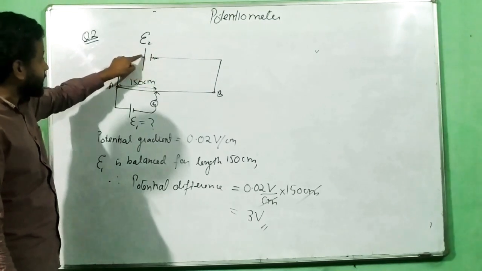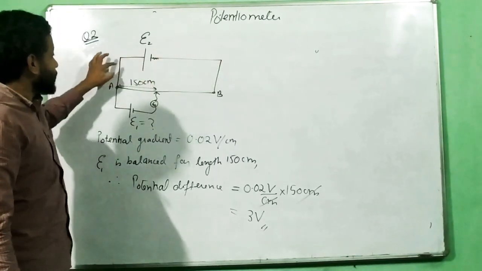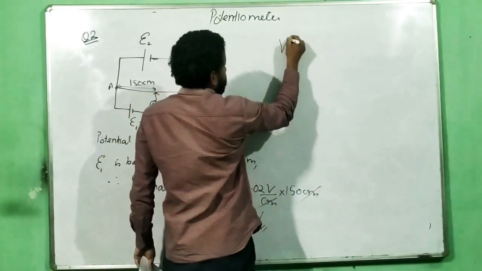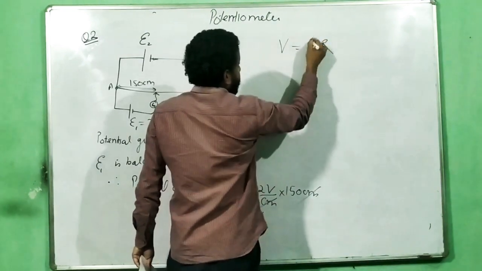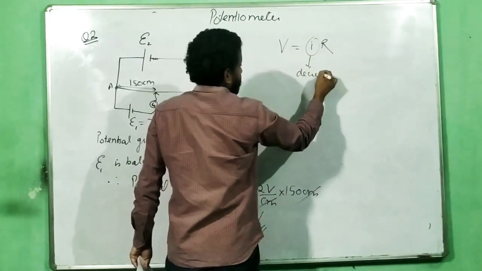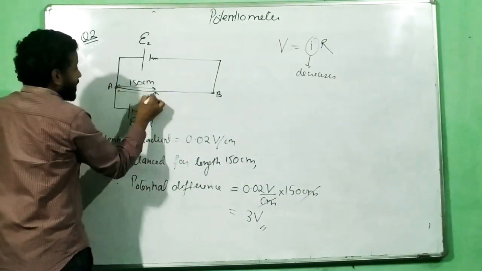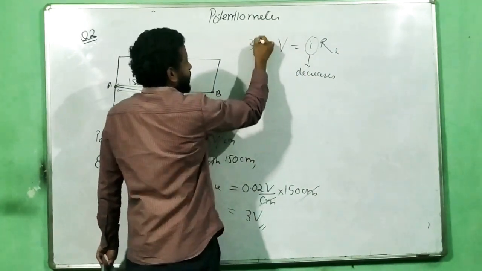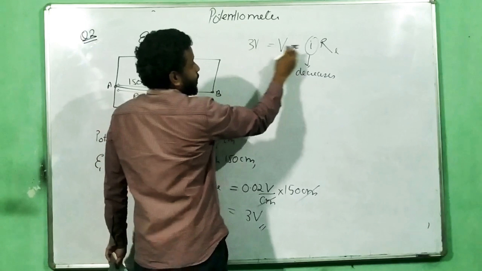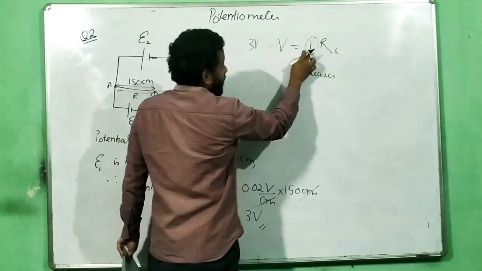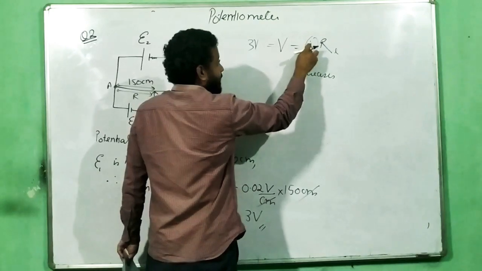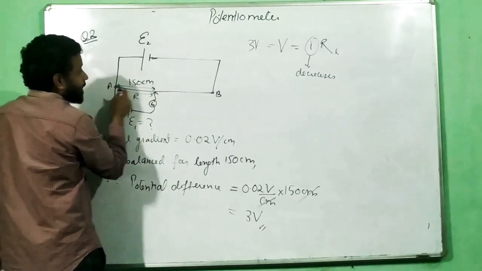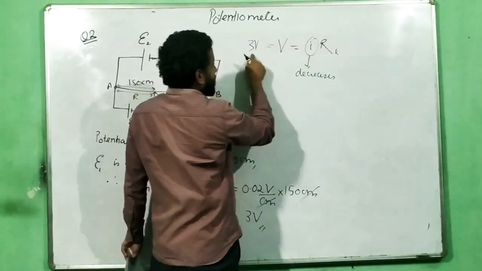So suppose I have a potential V equals I times R, where R is the resistance of any given length. If I want to balance 3 volt, for a given current and a given resistance, I can balance. But what if my current decreases? I have to put this jockey over a larger length, so my length increases, my resistance increases, and then only I will get 3 volt.